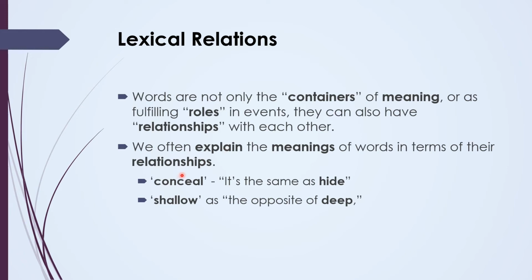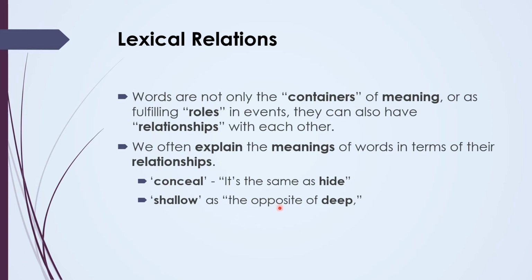For example, conceal and hide have the same meaning. So if you don't understand the word conceal, I often use hide to explain the word conceal. Or if you don't understand the word shallow, I will say it is just the opposite of deep. That's how I will be referring to the meaning of words or phrases or sentences.